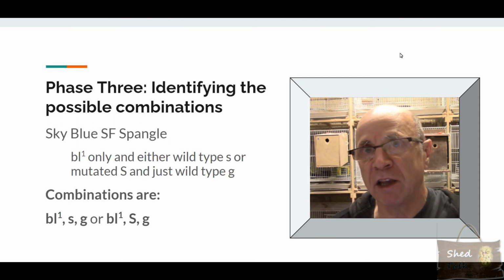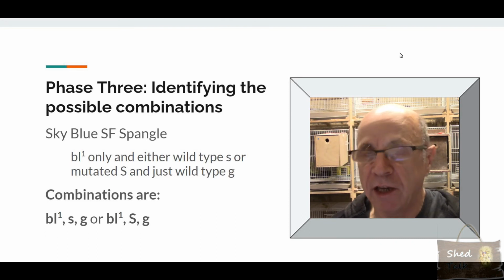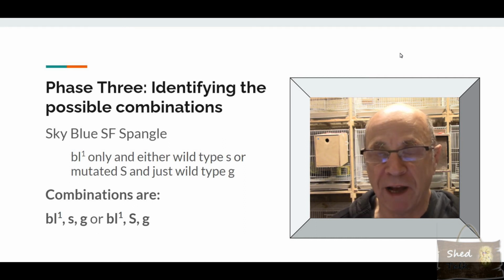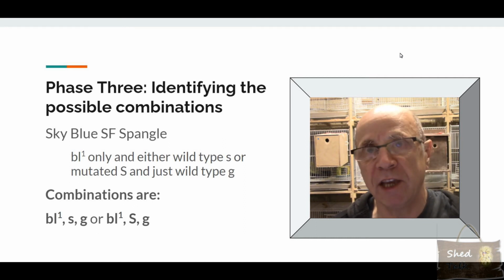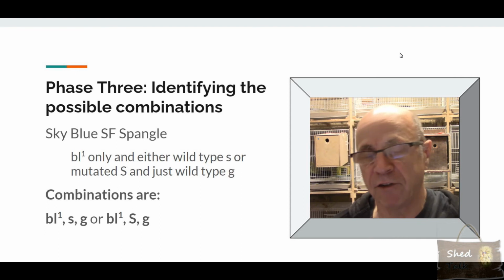So in effect he's only going to pass those 2 on in the same way. For the spangle gene, you can either pass on the non-mutated wild type allele or the mutated allele for the spangle.